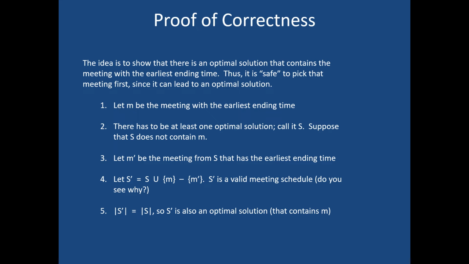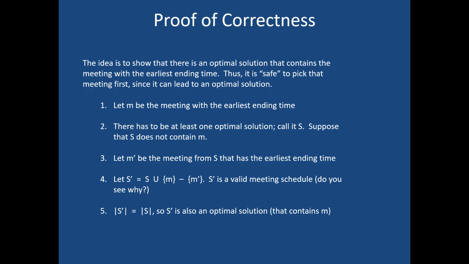So the idea is, remember, M prime is the meeting in the original S that had the earliest ending time. What do you know about M's ending time? How does M's ending time compare to M prime's ending time? Yeah. It's what he was saying, that it's either the same as or earlier than.